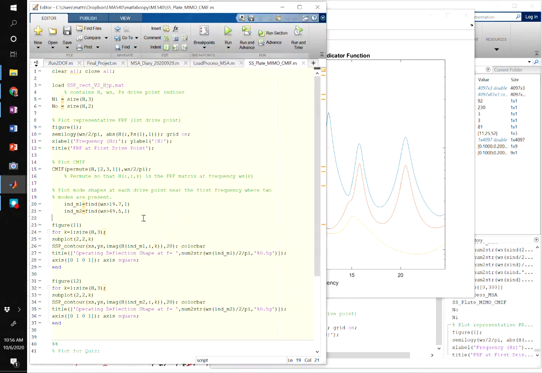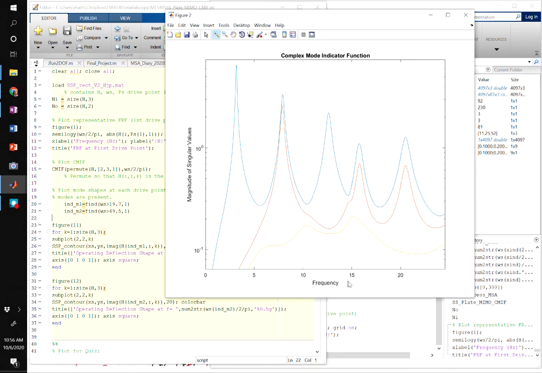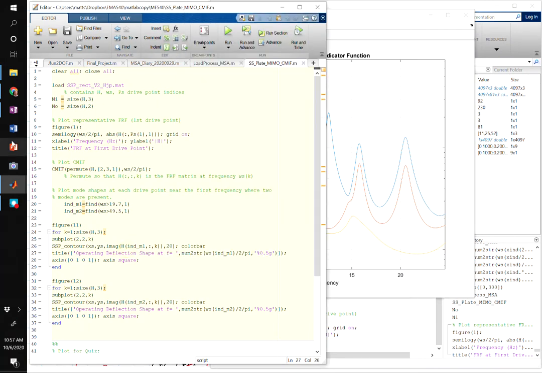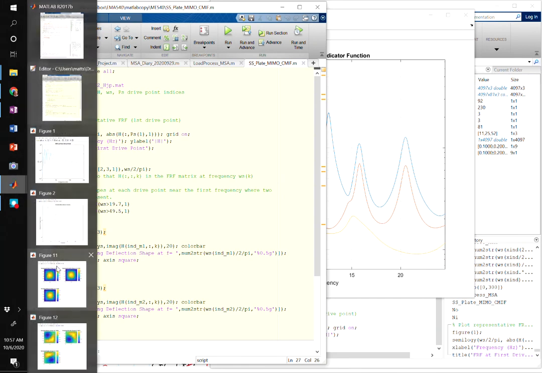These next couple figures show what you would get if you did a SIMO test at the 3 different drive points. We'll look at this for mode 1 at 19.7 radians per second, and also for mode 2 at 49.5. So that's what these 2 figures show.